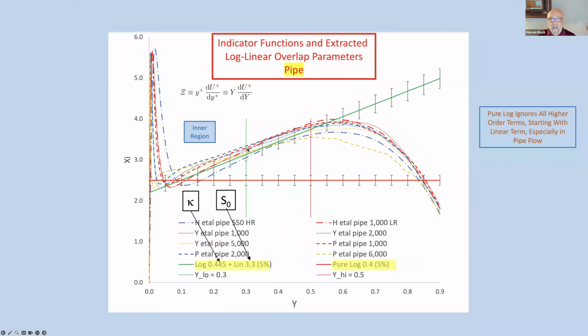Next, I look at the pipe, because I want to extract the best values from here, and I come up with 0.45 and 3.3, and it's clearly away from the log. The log plus or minus 5% is here, and the log plus linear plus or minus. How does it compare to experiment?